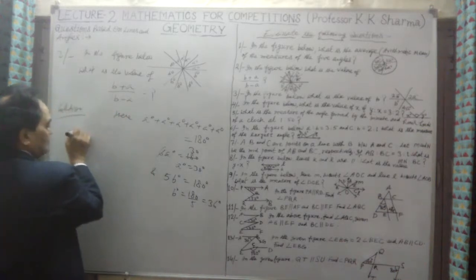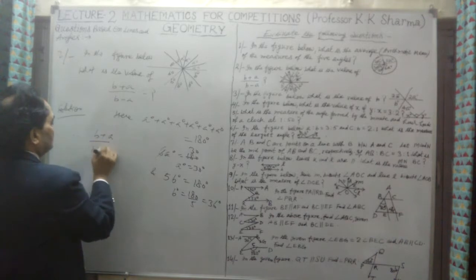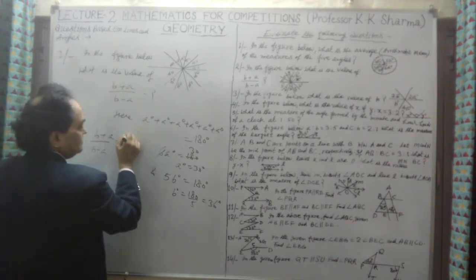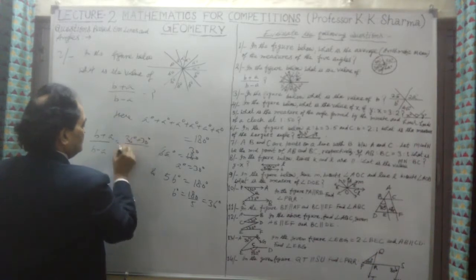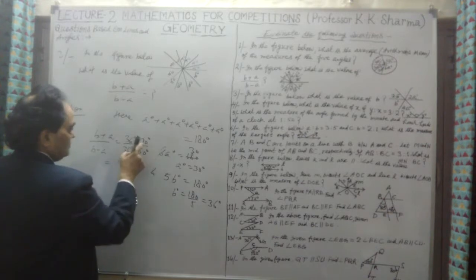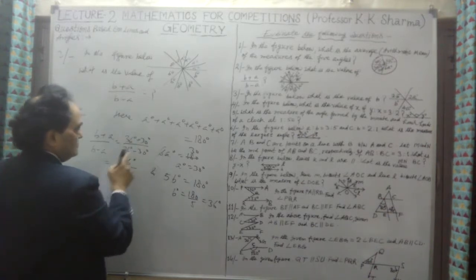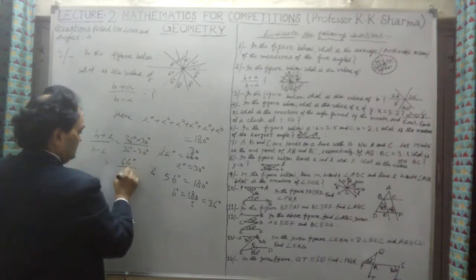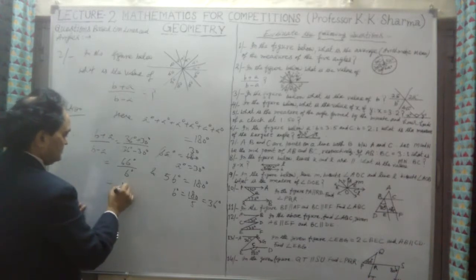Therefore, (b + a)/(b − a) is equal to (36 degrees + 30 degrees)/(36 degrees − 30 degrees). That means 36 plus 30 is 66 degrees, divided by 6 degrees, so it is 11.